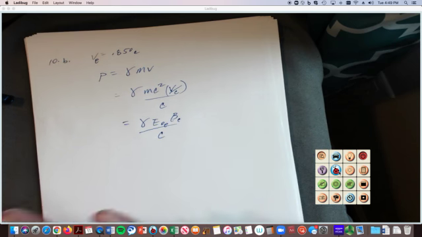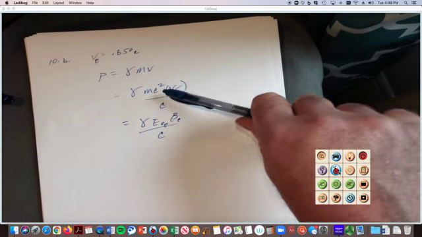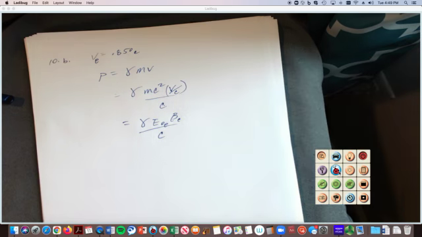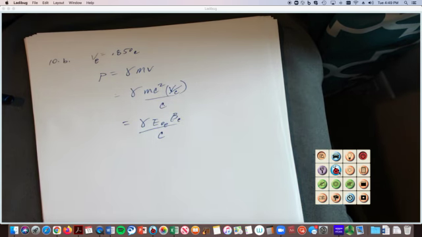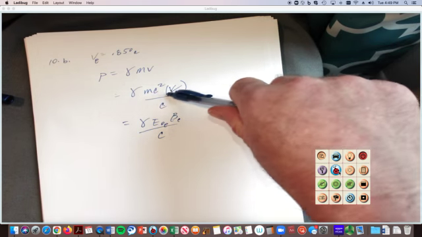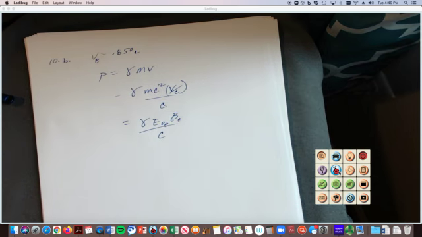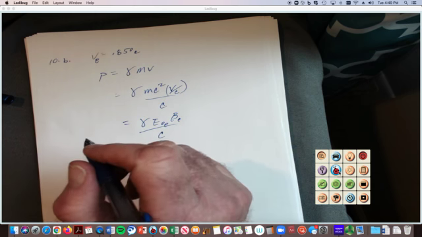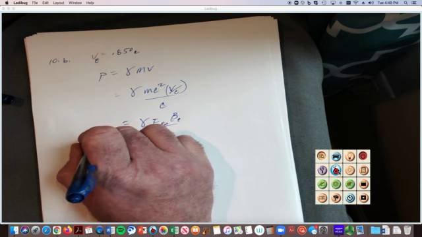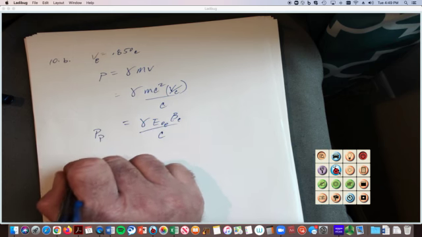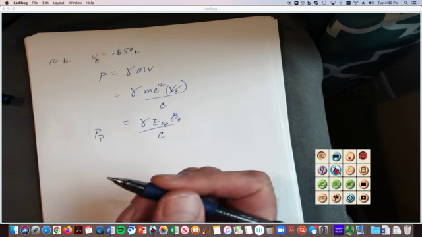So that was a little trick that you wouldn't have known to do. The rest is just scribbling. There's the little tricky physics part, and now the rest is just scribbling. So now we're going to take the momentum of the proton, and we're going to wind up doing the same thing.